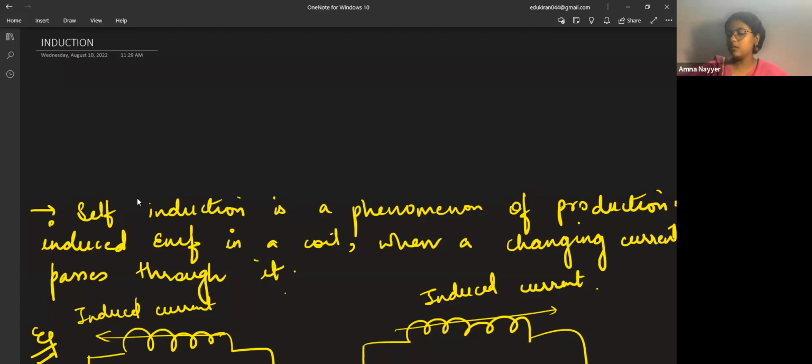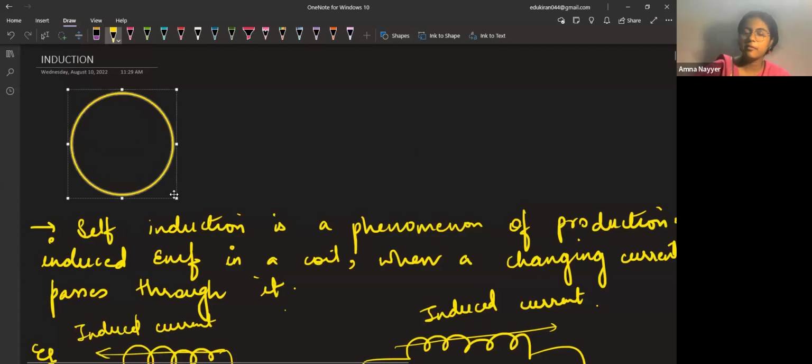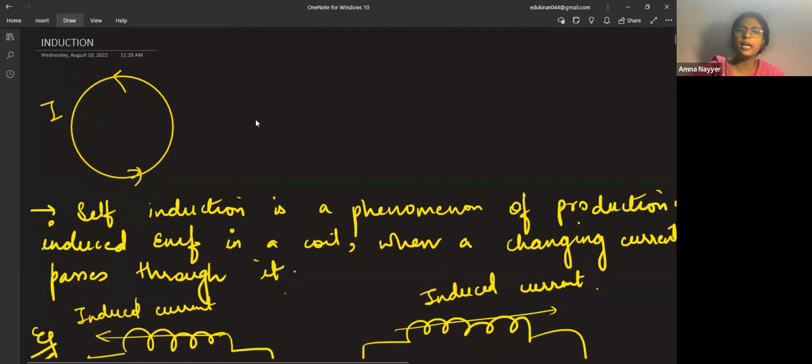Self-induction means, suppose I have a coil. Fine, this is a coil that I have. Certain current is flowing in a certain direction. Let's say this is flowing anti-clockwise. Now, suppose there is a magnetic field in which this coil is present.